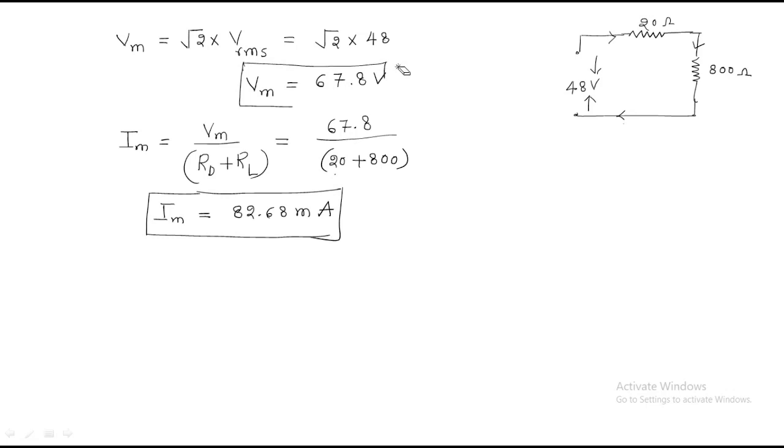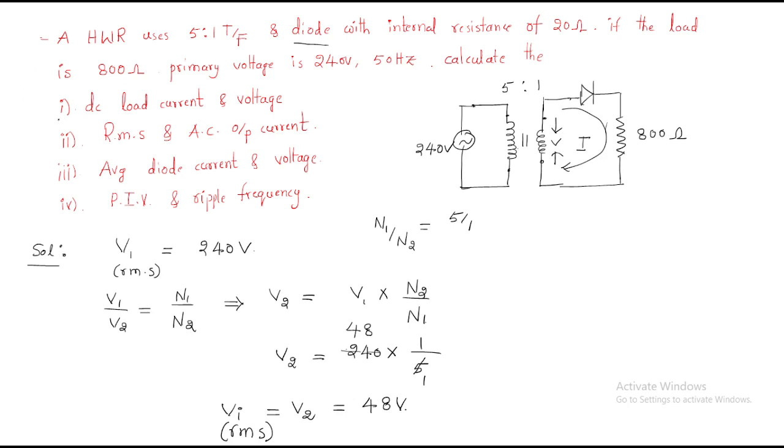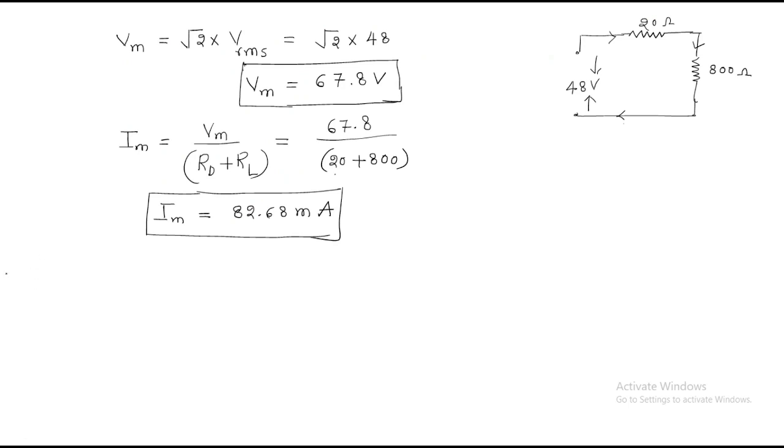We have both the maximum current and maximum voltage values. By using these we can find the given parameters. The first thing to find out is the DC load current and voltage. DC load current equals Im by pi.